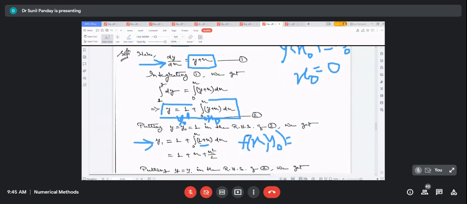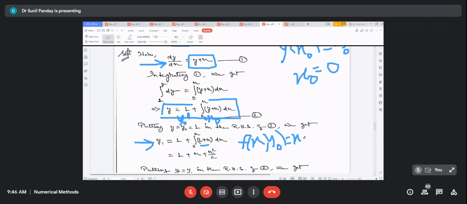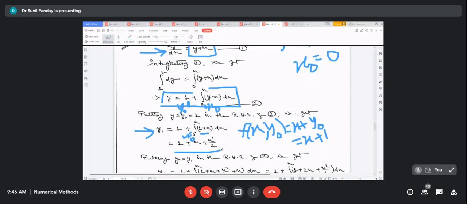So if in this f(x, y) I write y naught, obviously it is x plus y naught, and y naught value is 1. So I have substituted x plus 1. Integrating from x naught to x, 1 plus x, I am getting 1 plus x plus x square by 2.